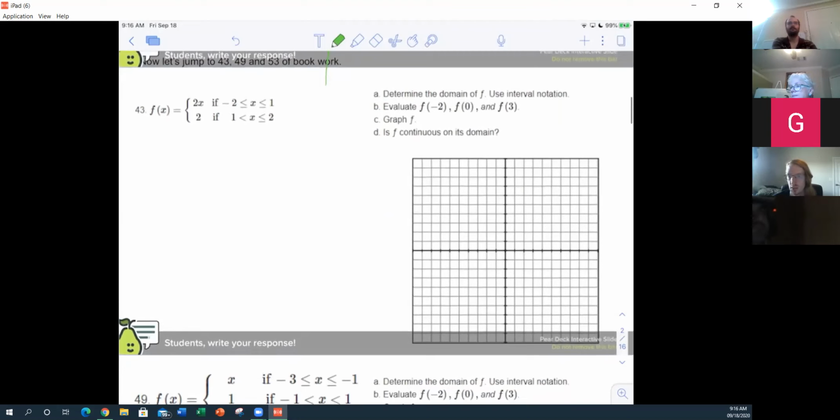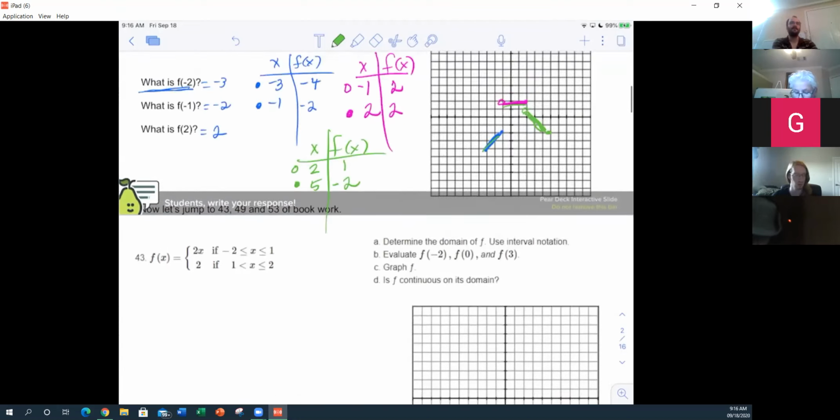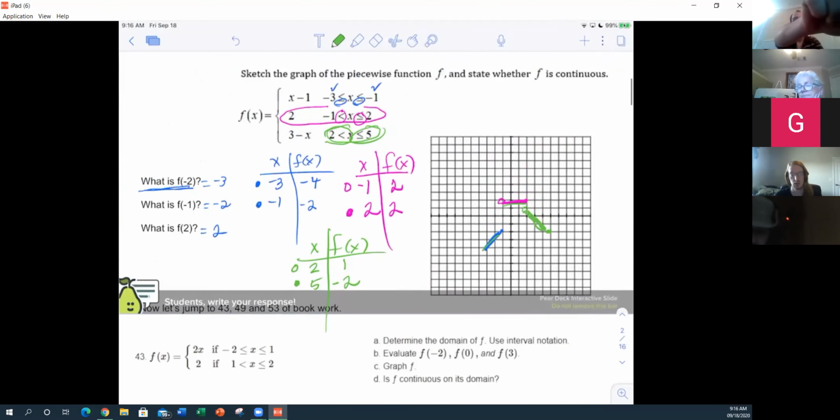In that previous one, it might be worth noting that when we evaluate f of -1, we use the solid dot. We do plug it in for that open dot, but we don't actually use that quantity. It's an open dot, it's not actually there.